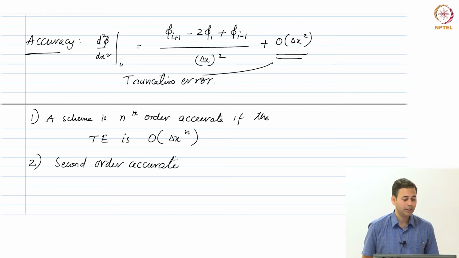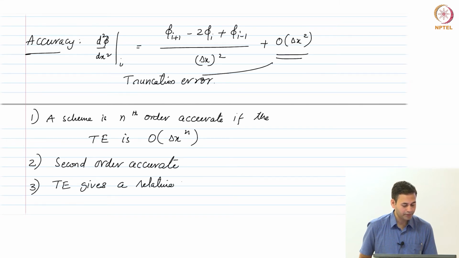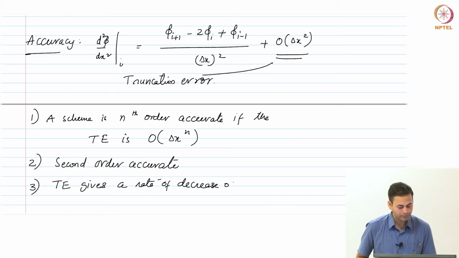Of course, the truncation error, or accuracy, gives a relative error decrease, or we can say a rate of decrease of error. So, the truncation error term or the accuracy of the scheme you have used gives something known as the rate of decrease of error.